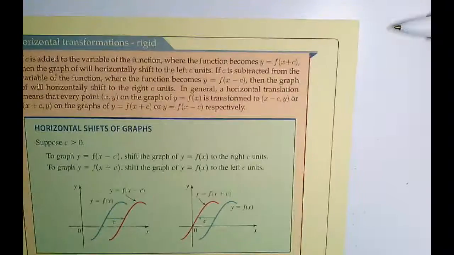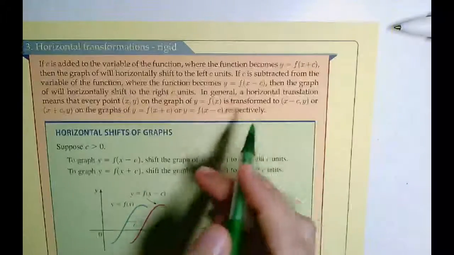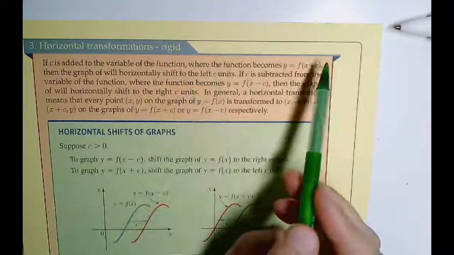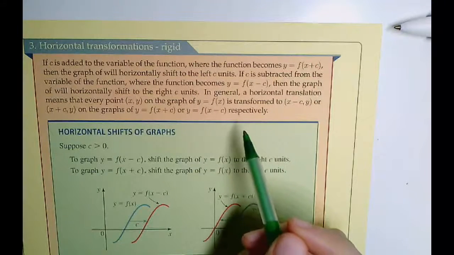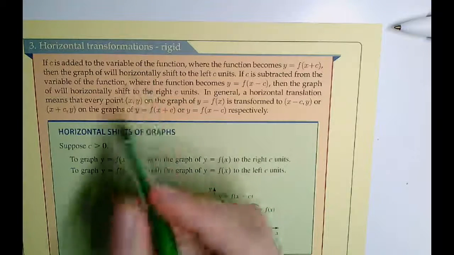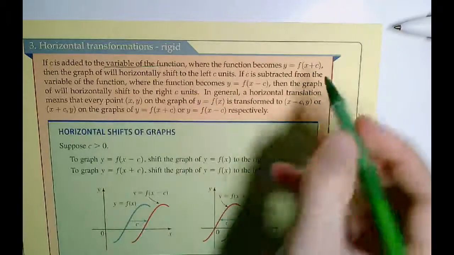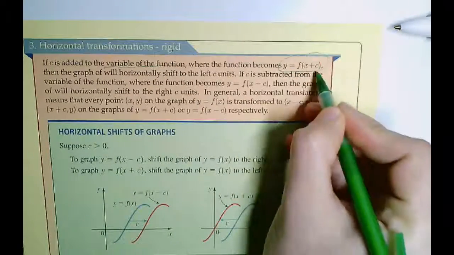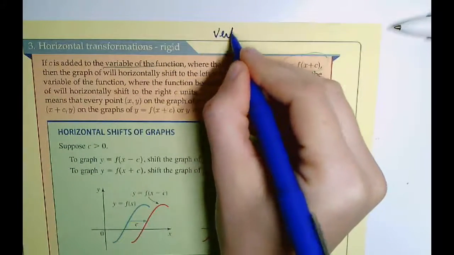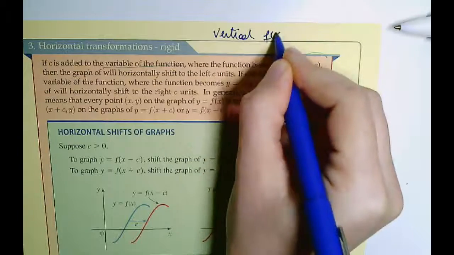All right, so we move the function up or down. Now we move it to the left or right. So this is called a horizontal transformation. We're moving the function horizontally. So now, how does that happen? If c is added to the variable of the function, so not outside of the function, so vertical, you had f of x plus c.